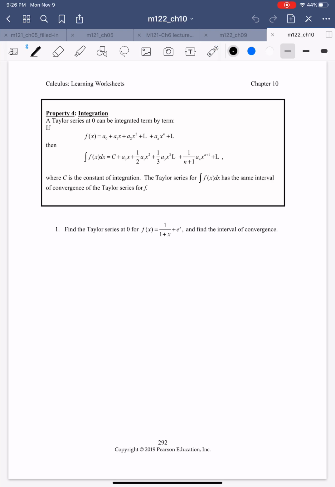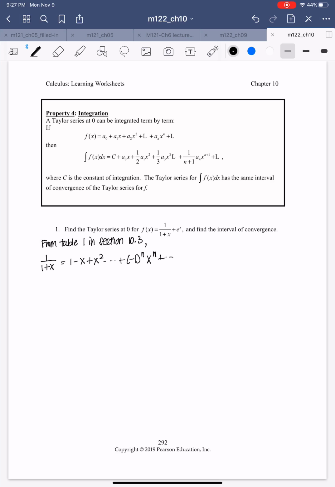So from table 1 in section 10.3, we are given that 1 over 1 plus x is 1 minus x plus x squared minus, and so on, all the way up to plus negative 1 to the n, x to the n.